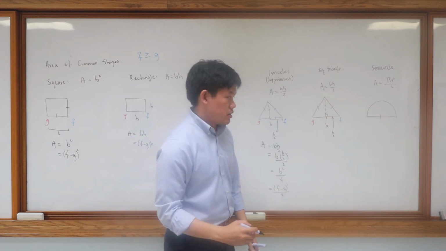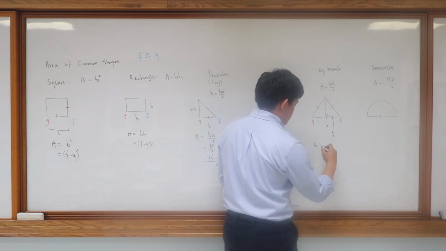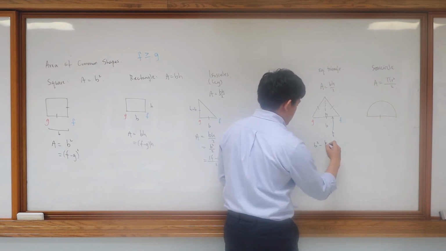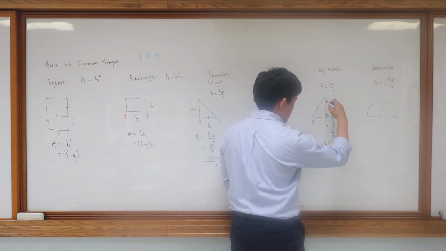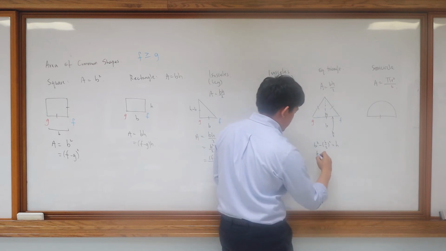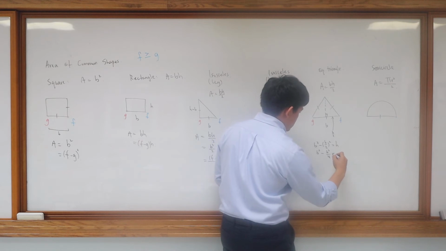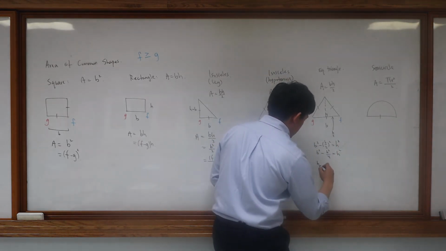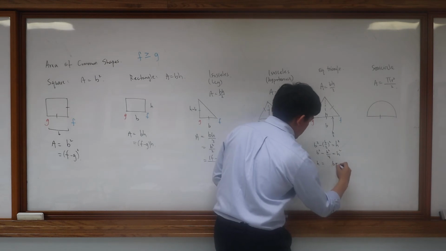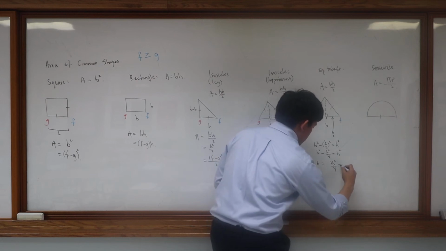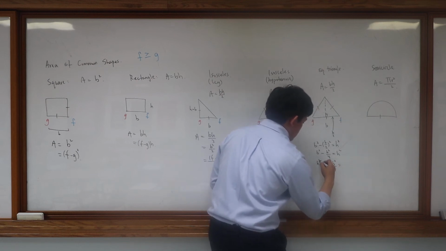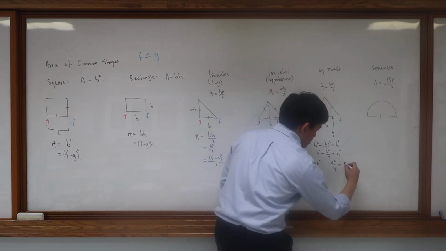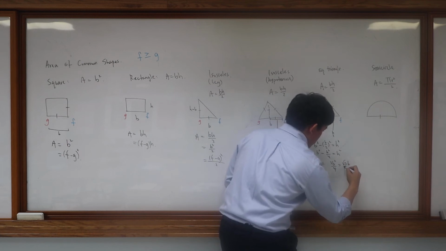If you do the Pythagorean theorem, you have base squared minus base over 2 squared is equal to my height squared. So base squared minus base squared over 4 is equal to height squared, so height is equal to root of 3 base squared over 4, which is root 3 b over 2.